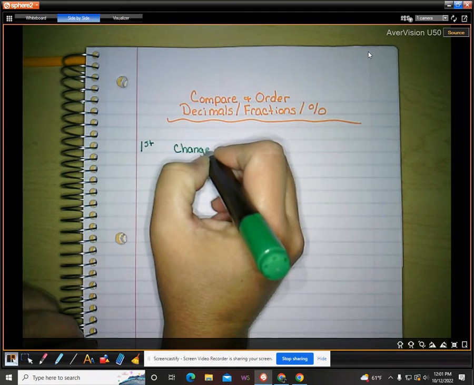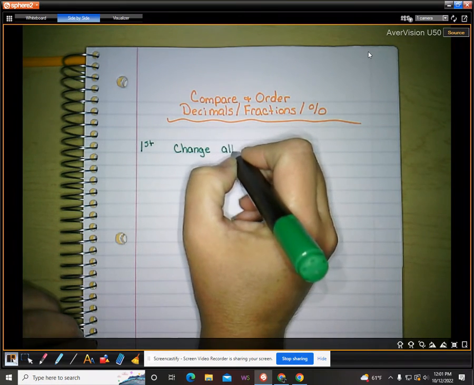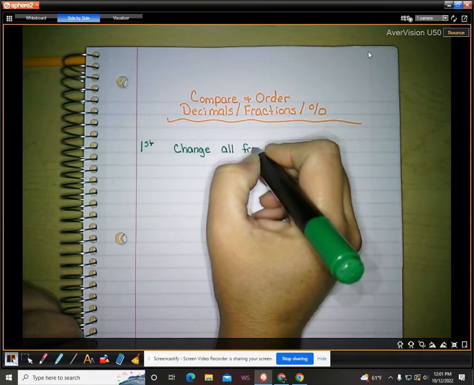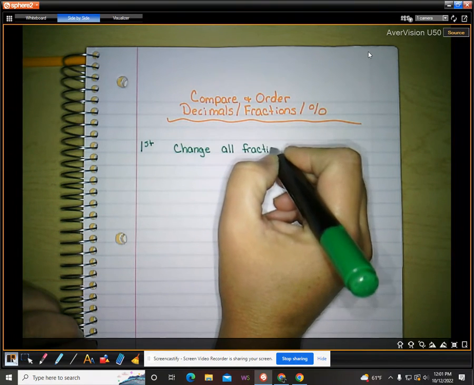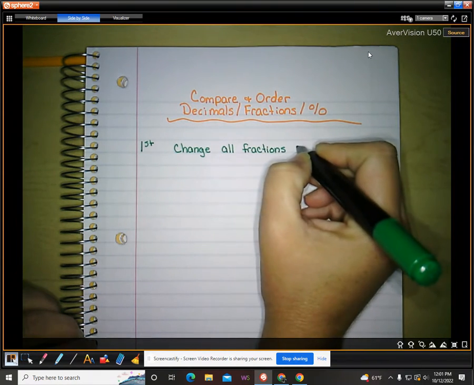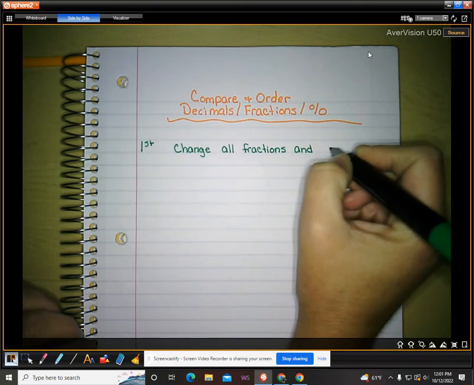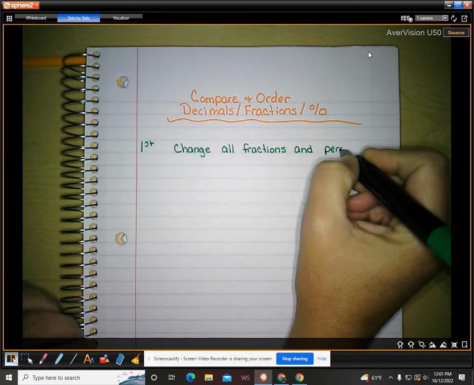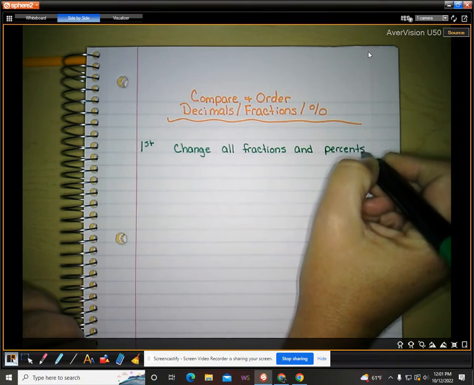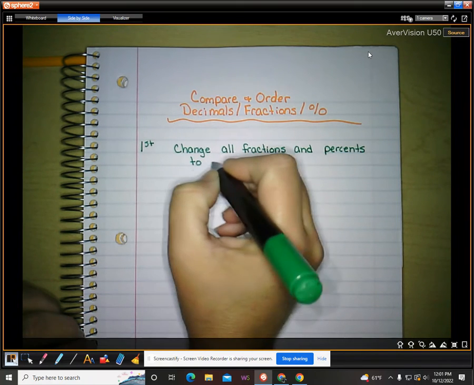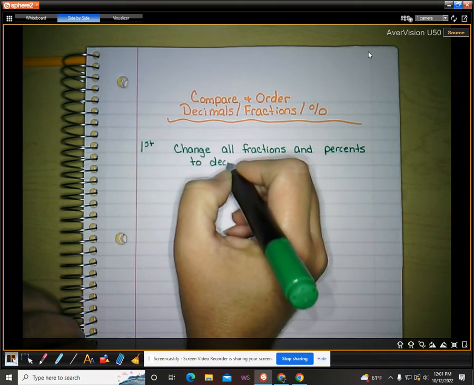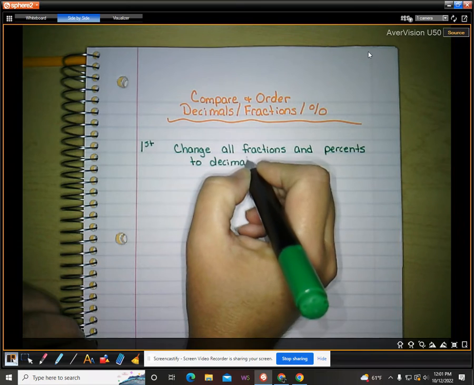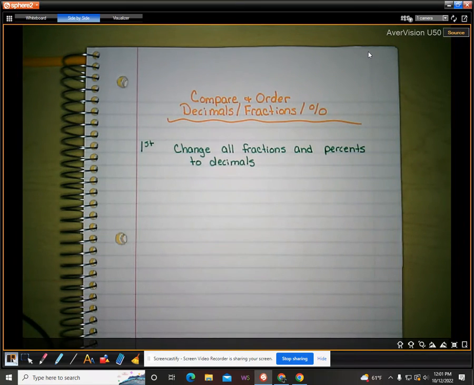So you are going to change all fractions and percents to decimals. Okay? And you have notes on this. This is what we covered the last couple weeks. You took a test on Monday.